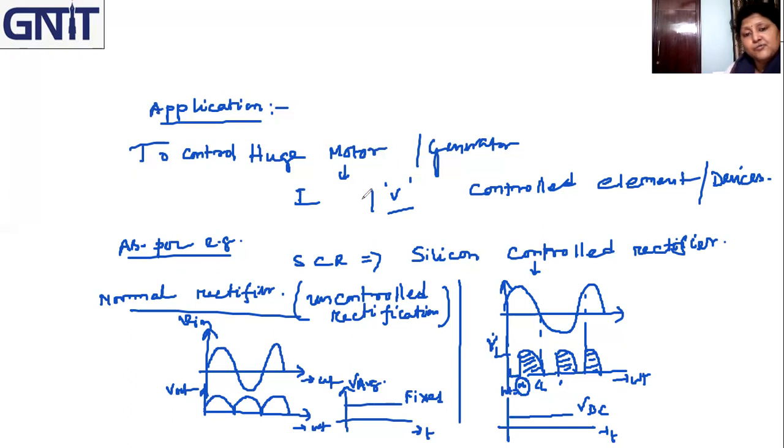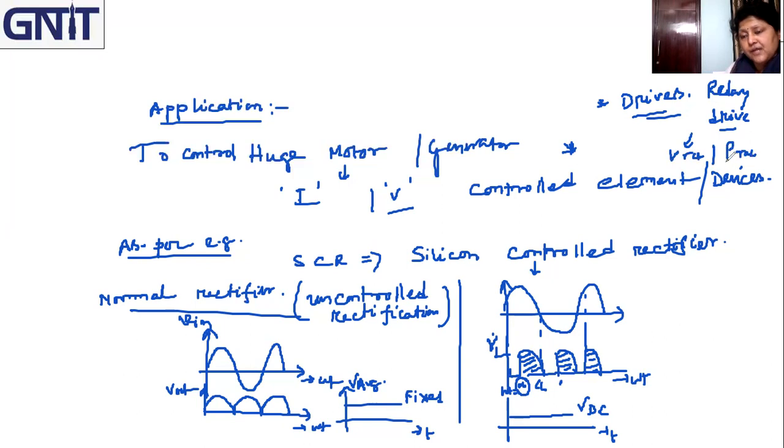Now in the case of a motor, suppose we have to control the field current or the field voltage. In that case we can provide this control element there. Another application is drives. You may have experimented with relay drives frequently. They require a particular voltage rating as well as power rating.